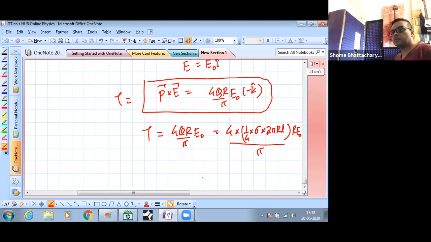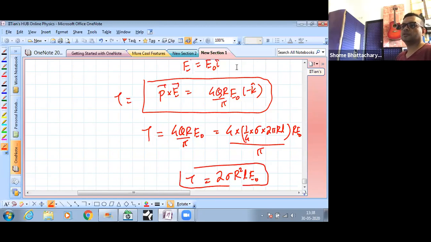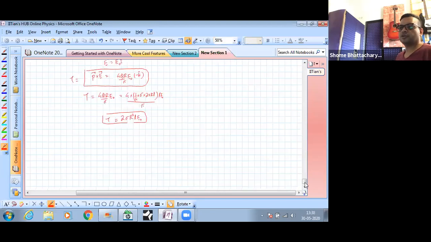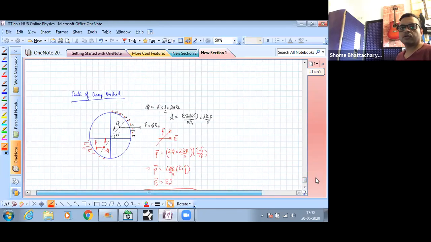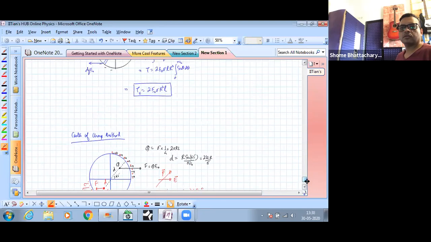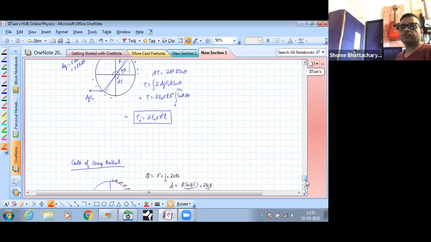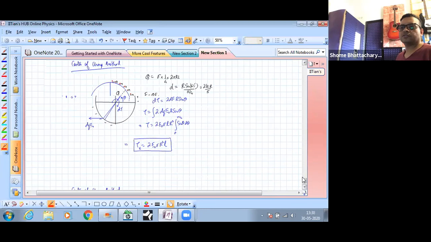So pi cancels off, and 4 cancels off, so what we are left with is 2 times sigma r square l. So this is the torque. So this comes out like this, which is the same thing as what we had got by the integration method. But this becomes much more of a shortcut, provided you remember the formula of center of mass for a quarter. We have used center of mass of a quarter disk actually.